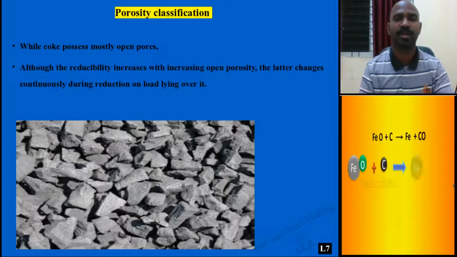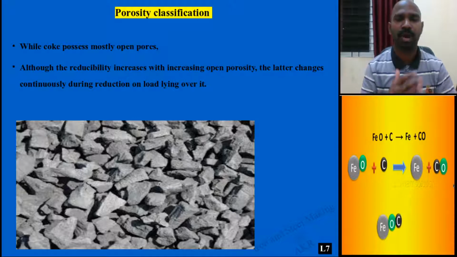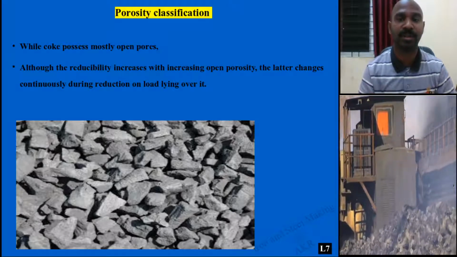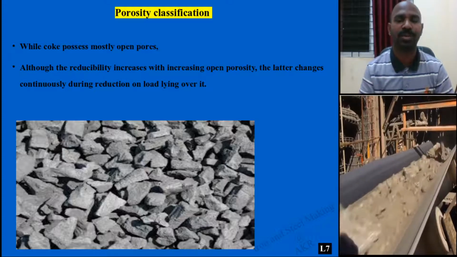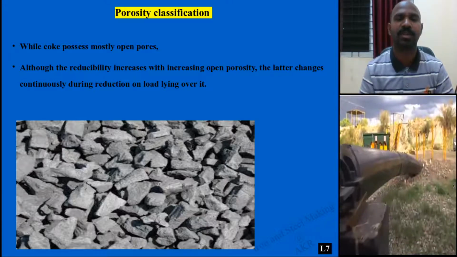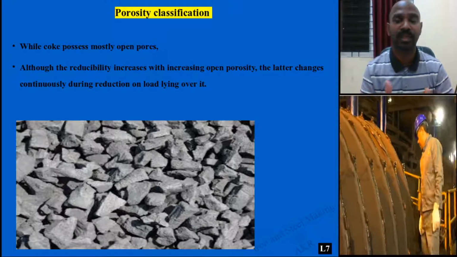If these pores are correlated to reducibility, you mean this coke is going to react with iron ore, and how much CO and CO2 emission is happening, that CO and CO2 will help further increase the thermal energy.